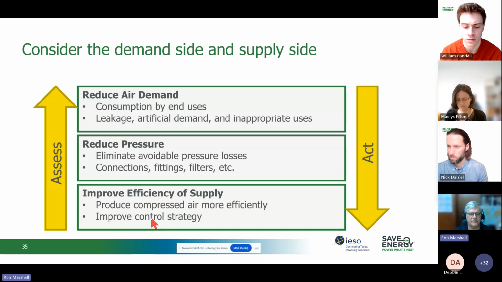It's a controversial issue because people in the industry say that you should start at the far end and work back, right? Try to reduce the air demand, waste, but looking at the supply efficiency, reducing pressure, and reducing air demand. So assess how the system is working in all those categories and act, right? Reduce, and this is the systems approach, reduce the air demand, reduce pressure where possible, and better control your compressors at a lower pressure.